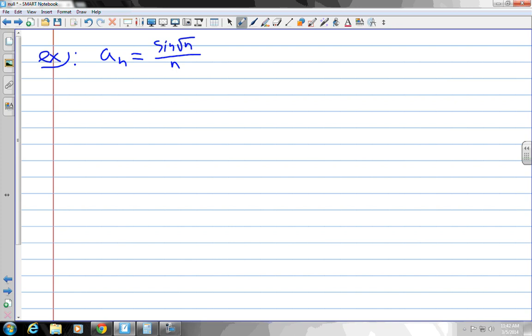Ignoring everything that's inside the sine, it's between -1 and 1. Your numerator is between -1 and 1. I'm not even looking at what's inside the sine, because it's going to play a little bit of extra role. But sine is between -1 and 1, and the denominator keeps growing. So you're going to be jumping positive, negative, positive, negative. You're going to have points above 0, below 0, but they'll just get closer and closer to 0 as n gets big. Does that make sense?